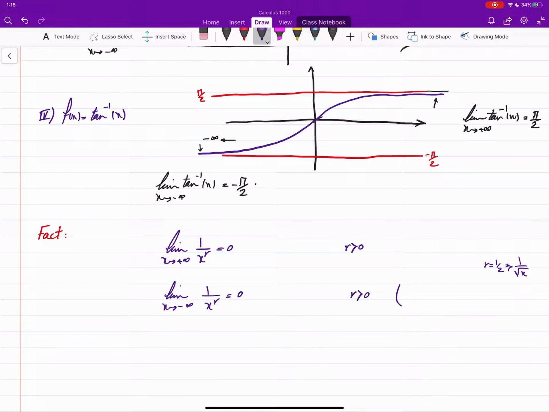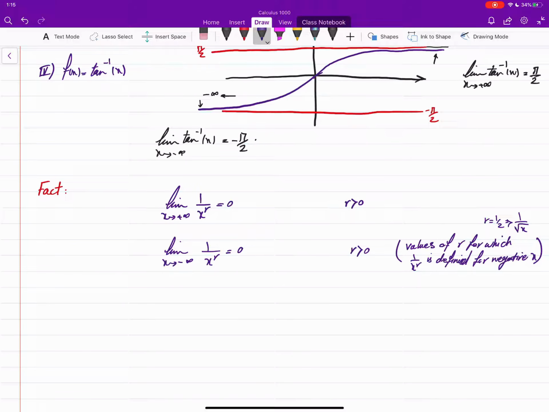So just consider values of r for which 1 over x to the power r is defined for negative x's. As soon as it is defined, you can use this, as x goes to plus infinity or minus infinity.